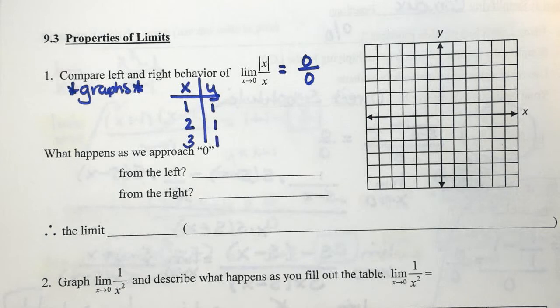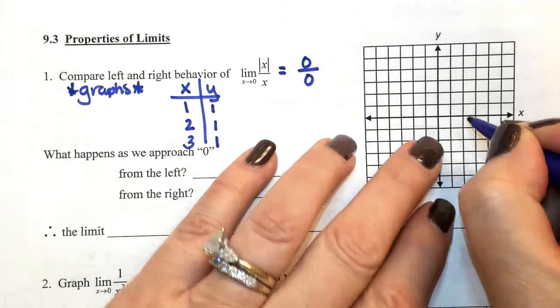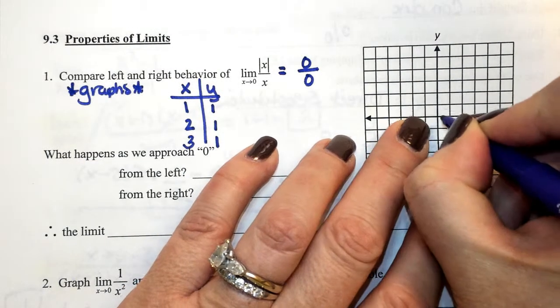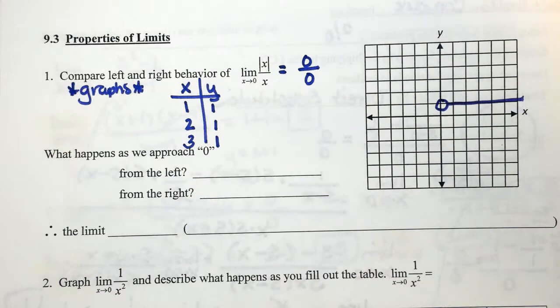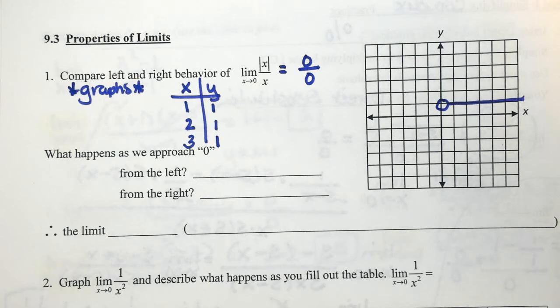If I plugged in 1 million for x, what is the absolute value of 1 million divided by 1 million? 1. If I plugged in 0.000001 divided by 0.000001, what's that value going to be? 1. So you agree with me then that as I'm coming from the right, as x approaches 0, the y values are all 1. So that's what's happening on the right-hand side of 0 for those x values slightly larger than 0.